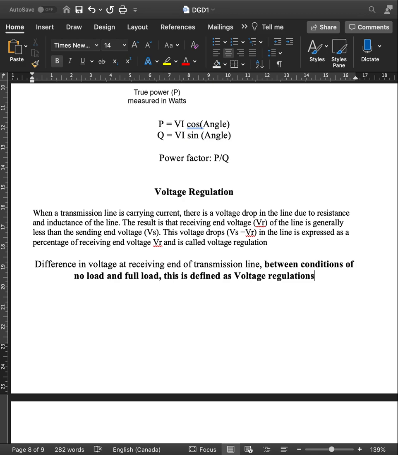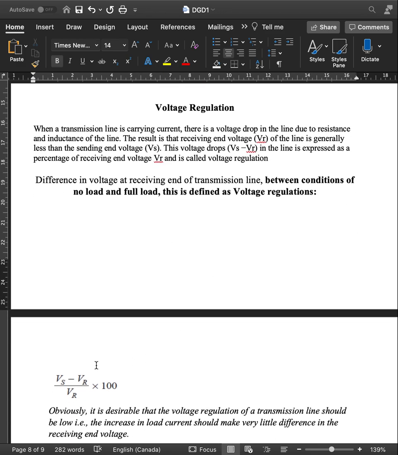This is defined as voltage regulation, and we can use the following formula to express it, where Vs is of course the sending side and Vr is the receiving end with full load on it.